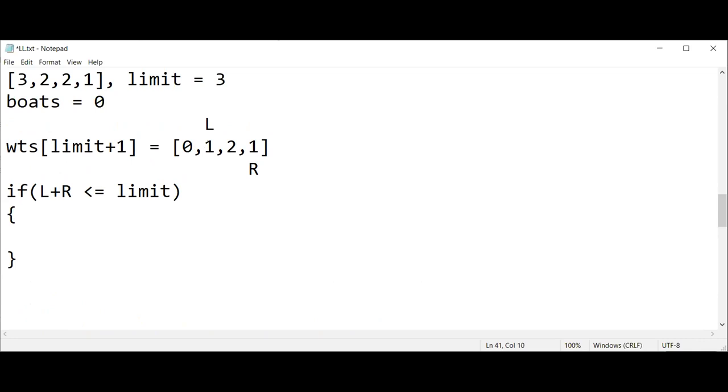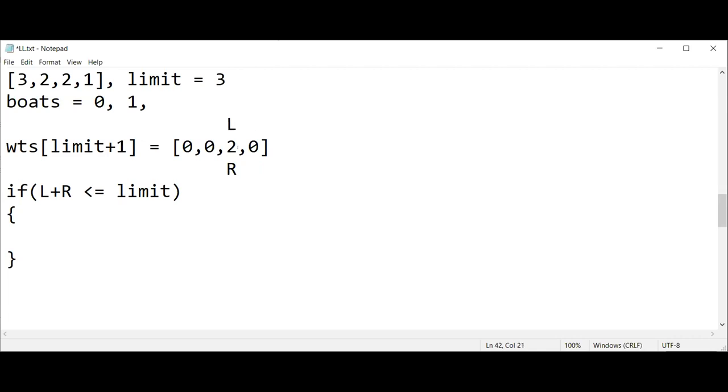So look at the value of L and the value of R, and look for which is the minimum. Here both are the same, so we can increment the boards by 1. Then you make this 0 because you've already consumed these 2 people, and move the pointer R to this place and L to this one.